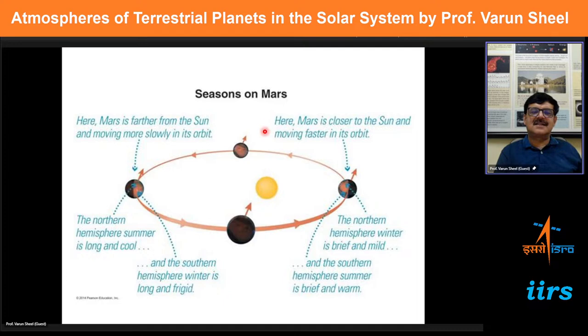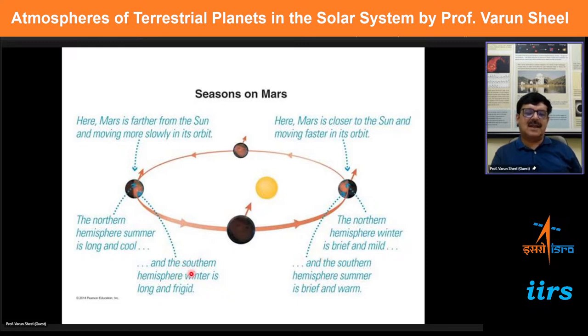So as I said, the seasons on Mars are much more diversified, because the orbit of Mars is much more elliptical, and so different phases of this orbit are shown, and there you would have different seasons. For example, in the northern hemisphere, winter is very short and mild, and in the southern hemisphere, summer is brief and warm.